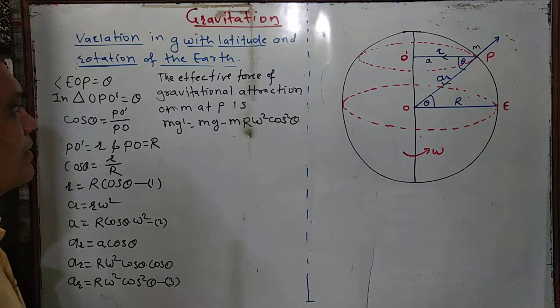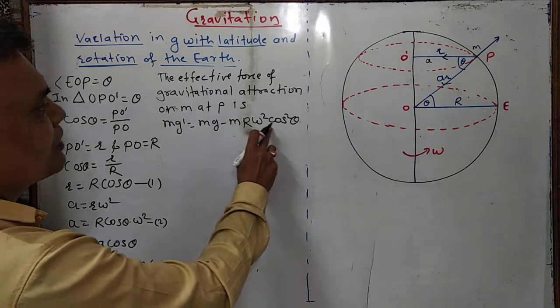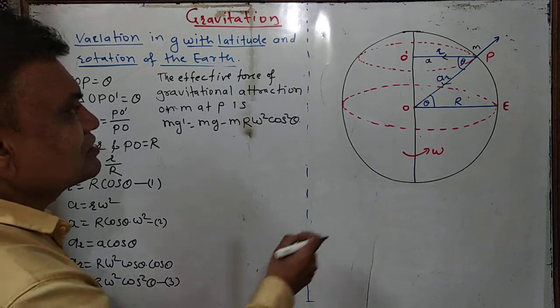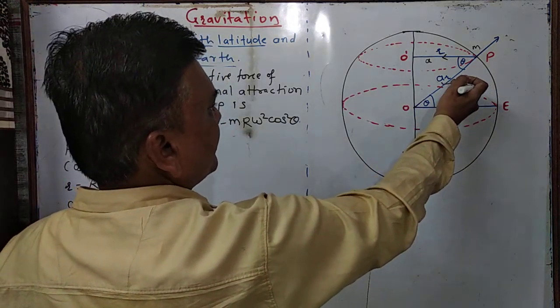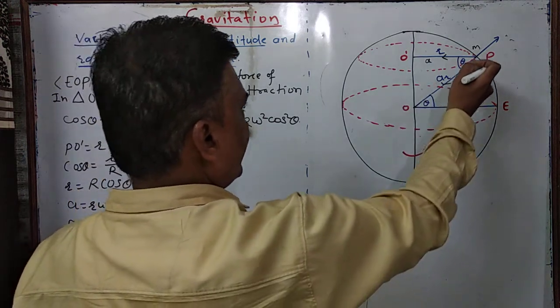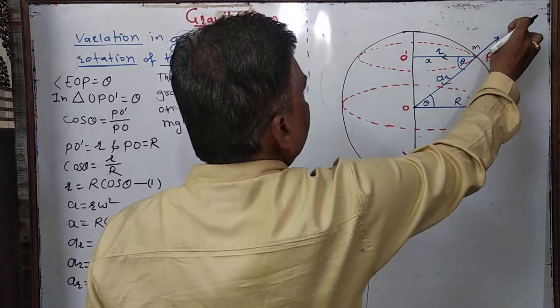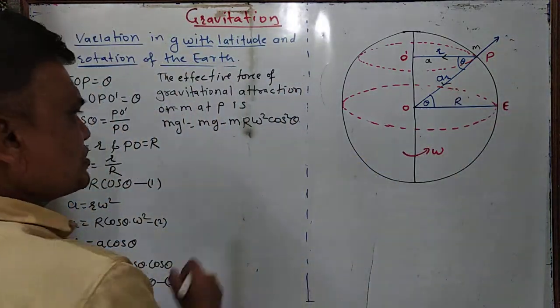See here, mg dash equals mg minus m R omega square cos square theta, because this is the radial component of acceleration, and along this direction there is the centrifugal force and here the centripetal force. Both are opposite.